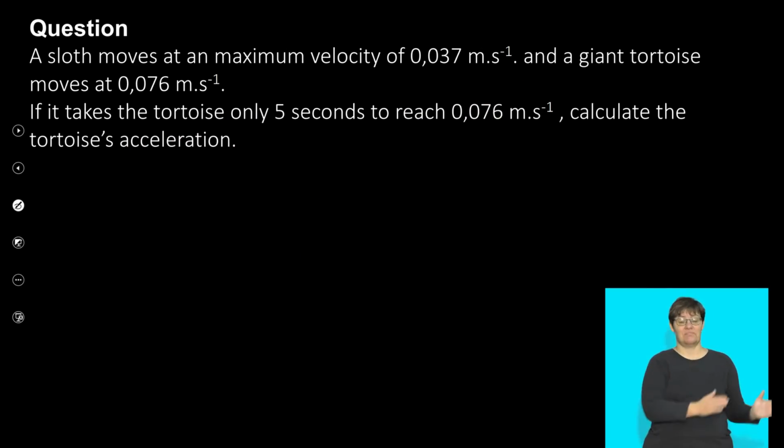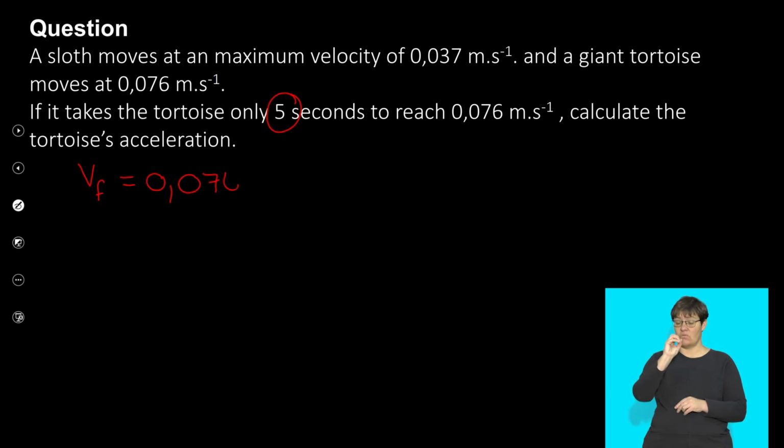Let's look at the tortoise. The tortoise is much faster, okay? So if it takes the tortoise only 5 seconds to reach 0,076 meters per second, they want the tortoise's acceleration. Well, final velocity is 0,076.